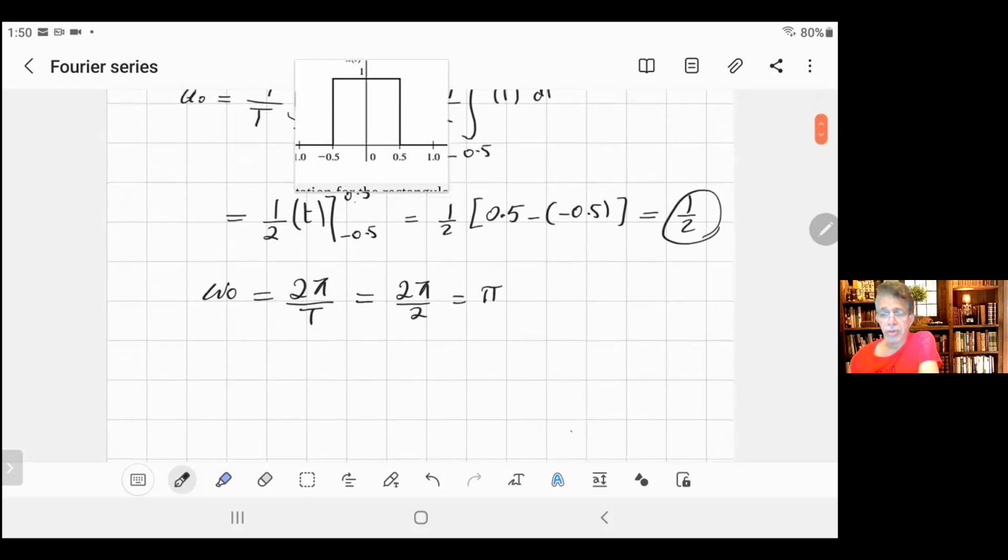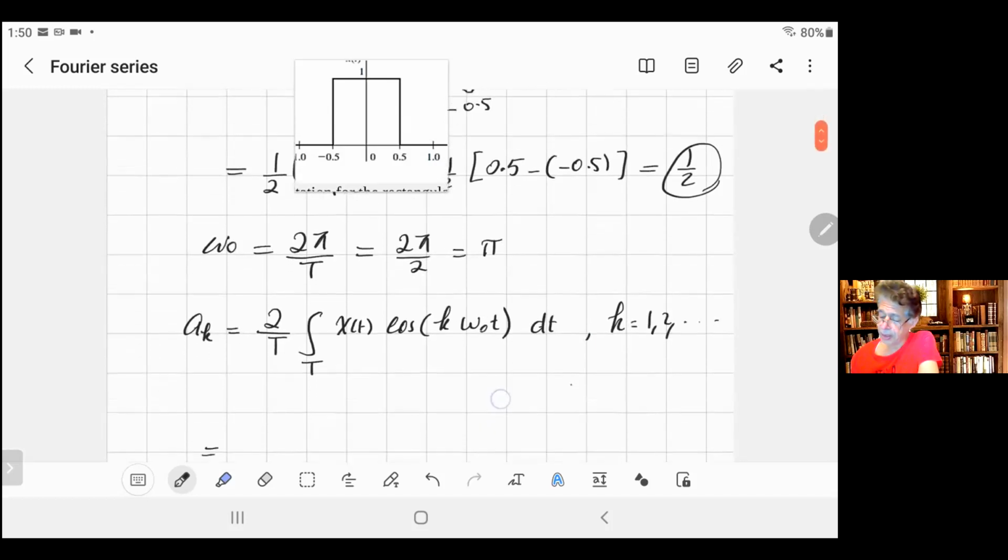Let's write down the expression for AK. AK is equal to 2 over T, the integration over the period T, of x of t cosine of k omega naught t, with the integration with respect to t, and k can take any value 1, 2, and so on till infinity.